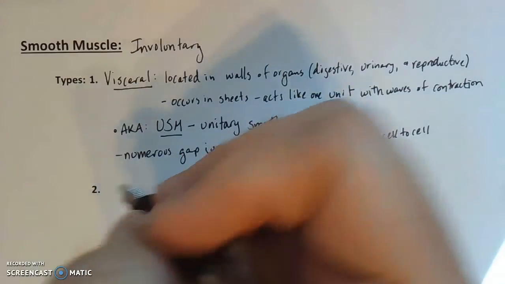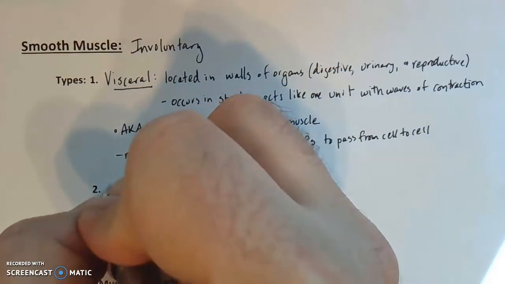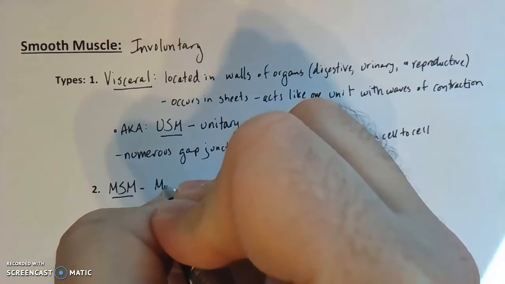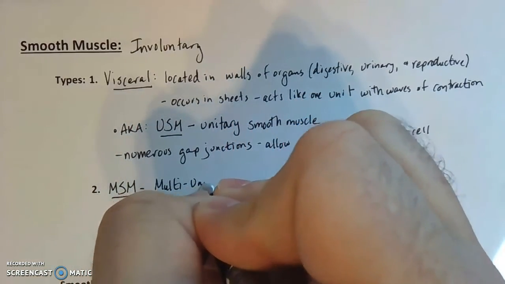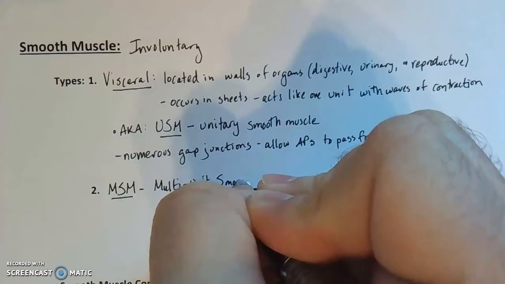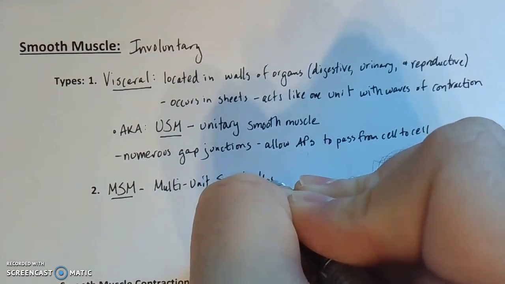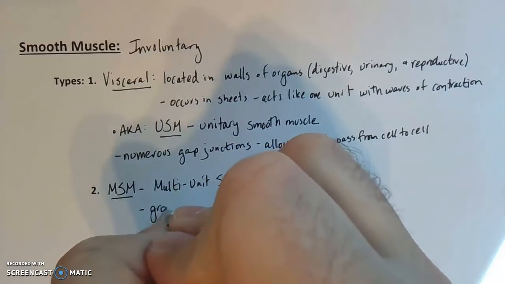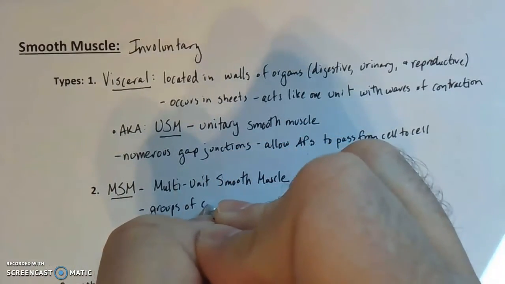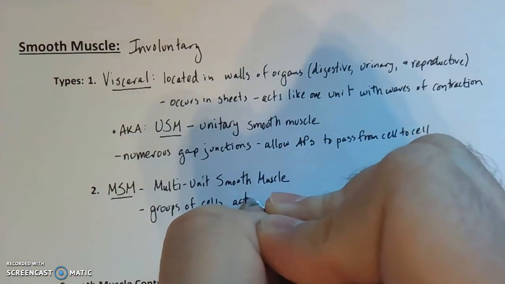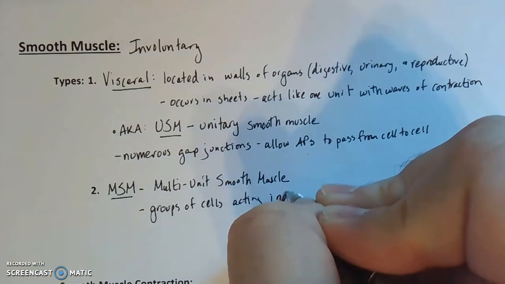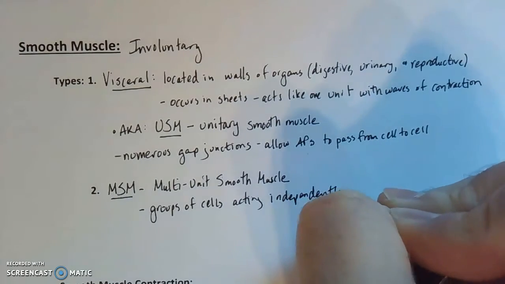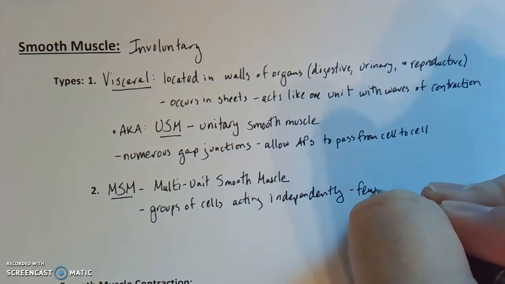The other type of smooth muscle is MSM, which stands for multi-unit smooth muscle. Here we have groups of cells acting independently with fewer gap junctions.